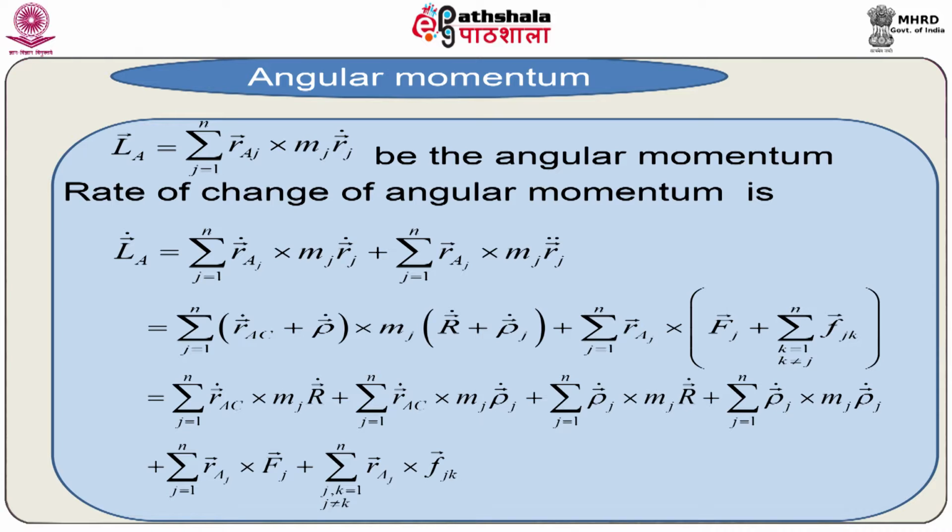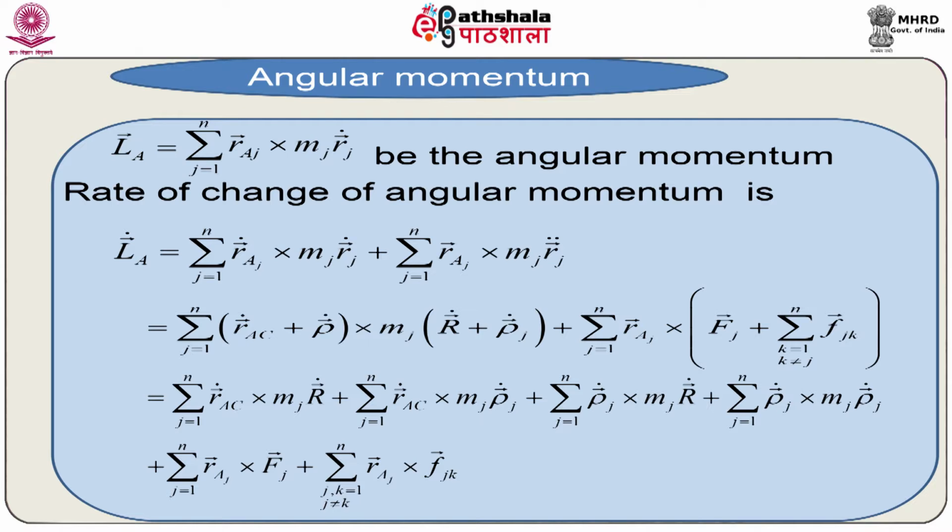This one comes from this term, this term here, this term here. Other terms: this one vanishes, since we have already proved the sum of this equal to 0, and this term also vanishes since the sum of this term equal to 0. So, we get only these 3 terms.